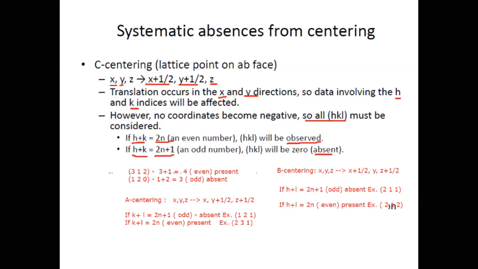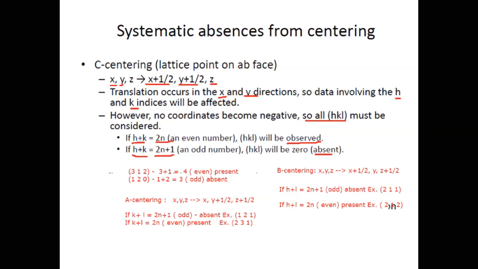So this is how you know if centering is present in your crystal: you look at these different reflection planes. If you look at the HKL planes and the K plus L odd are absent, that tells you you have A centering.